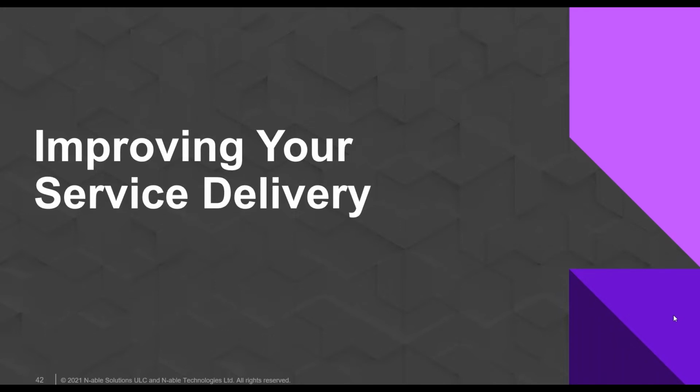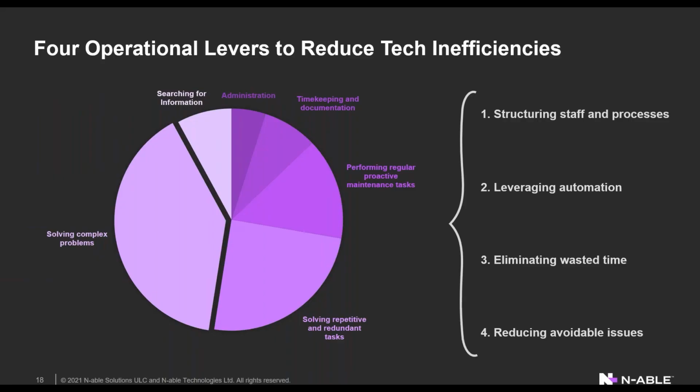But what are we going to do to improve with this? How are we going to take those 4 operational levers and turn them, right? Our 4 operational levers: structuring staff, leveraging automation, eliminating time waste, and reducing avoidable issues, and start applying them to our business.